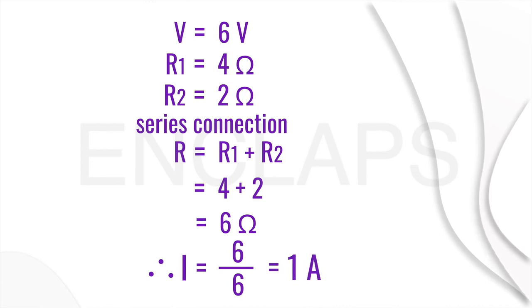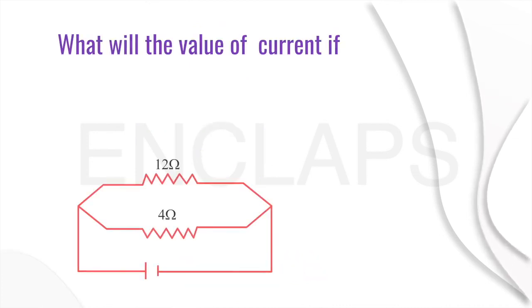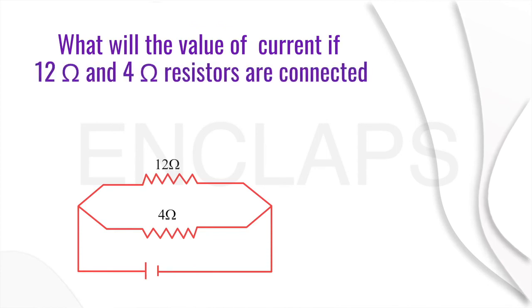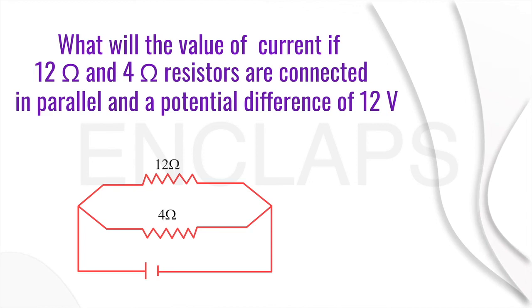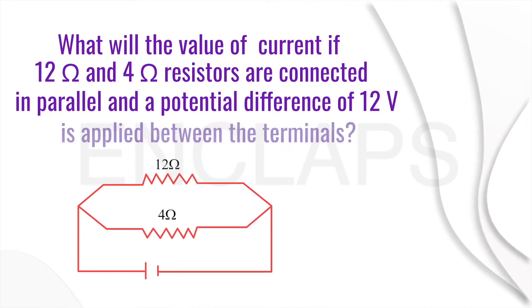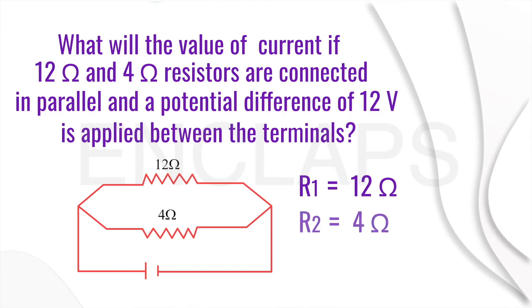Let us now move on to the next question. What will be the value of current if 12 ohm and 4 ohm resistors are connected in parallel and a potential difference of 12 volt is applied between the terminals? Given data are the resistance R1 is equal to 12 ohm, resistance R2 is equal to 4 ohm and the potential difference V is equal to 12 volt. Here the connection is parallel.